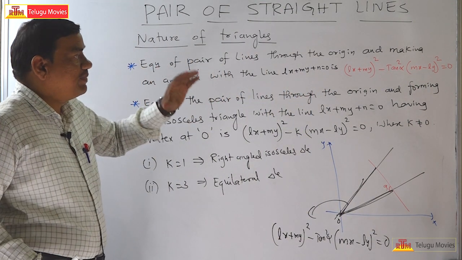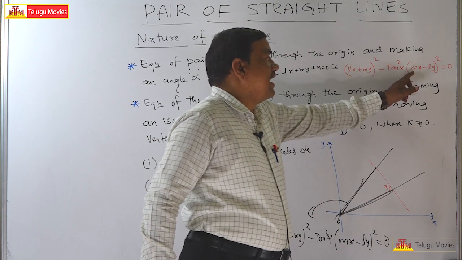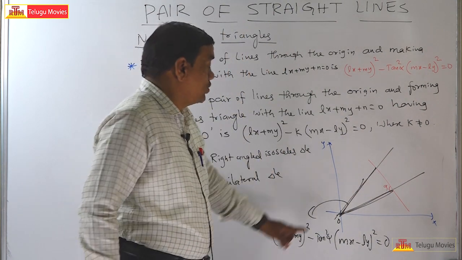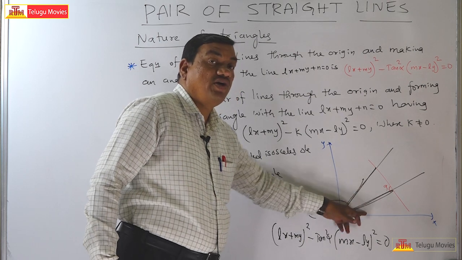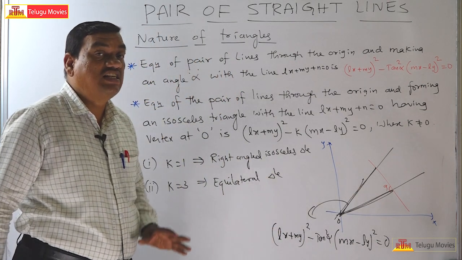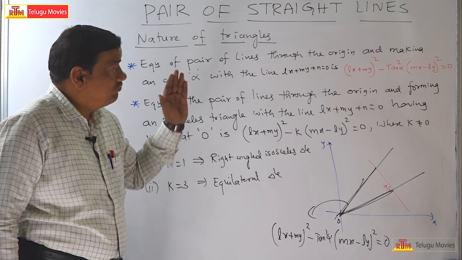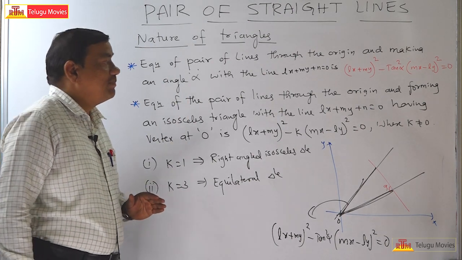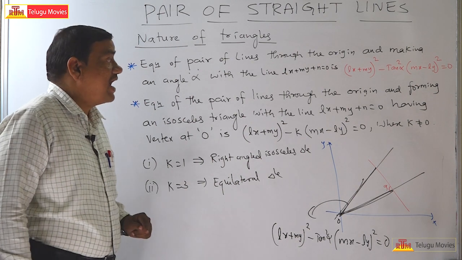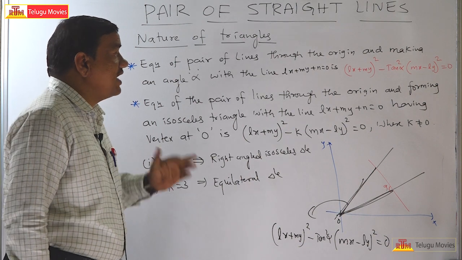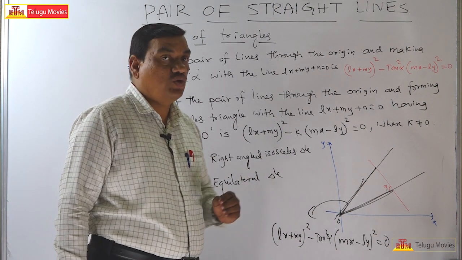So here is (Lx plus My) whole square, here (Mx minus Ly) whole square, and here comes tan square alpha. This is the pair of lines passing through the origin and making an angle alpha with the line Lx plus My plus n equal to 0: (Lx plus My) whole square minus tan square alpha times (Mx minus Ly) whole square equal to 0.